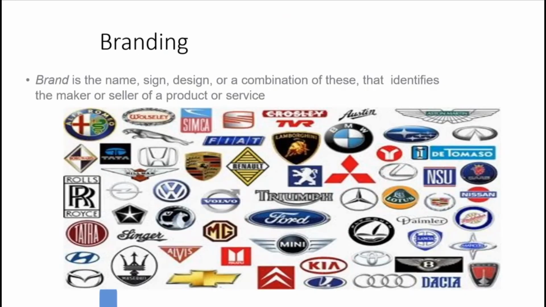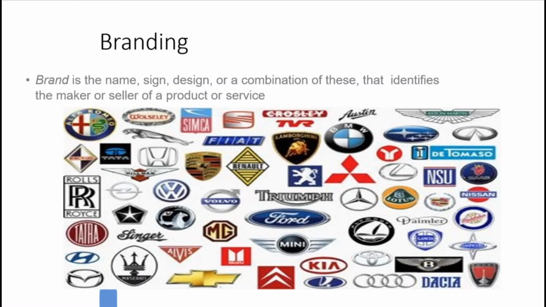A brand is the name, sign, design, or a combination of these that identifies the maker or seller of a product or service. Brands are more than just names and symbols; they embody everything that the product or service means to consumers. Some analysts see brands as the major enduring assets of a company.